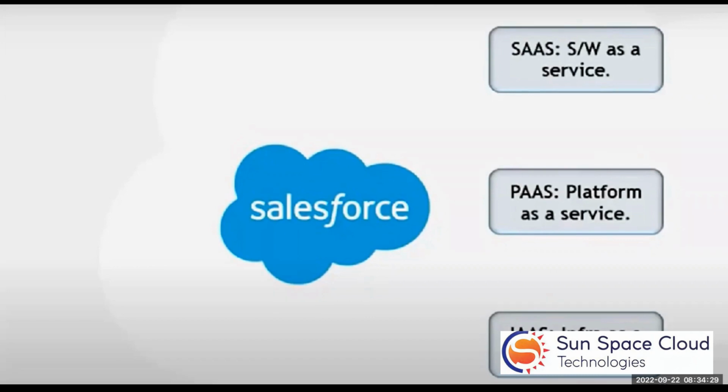Platform as a Service means Salesforce provides one platform to you, and you have to use the platform. On top of the platform, you build your own application as per your business requirement. That's PaaS. In the current market, most businesses use PaaS services because Salesforce provides very limited features by default.